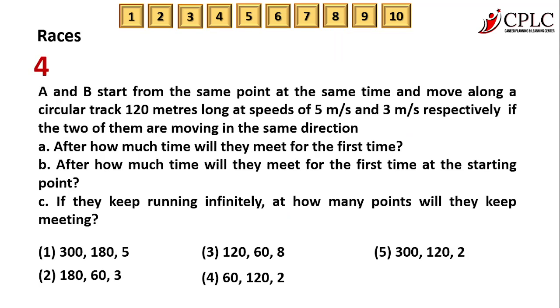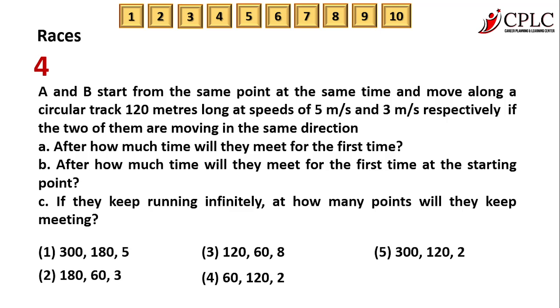Okay, now let's do the fourth one. What does this say? So it has three different questions that we have. It says A and B start from the same point at the same time, move along a circular track which is 120 meters long at a speed of 5 meters per second and 3 meters per second respectively.